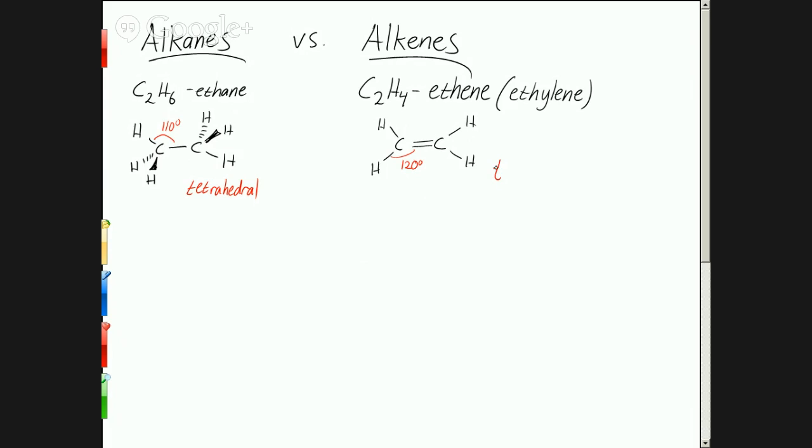And this is planar, but the official term for it is trigonal planar because of the triangle, three things attached. So if we look at a given atom like this carbon atom, the things attached to it are at the corners of a triangle, and they're in the same plane, so kind of a flat triangle. That's where that word trigonal comes from.